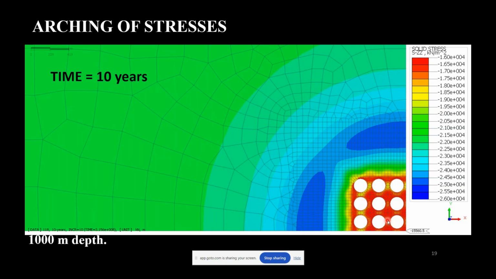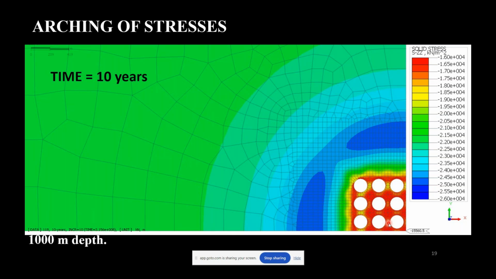So these pillars tend to reduce their height and bulge, because the creep deformation doesn't have volume change. The volume that goes down is the same that bulges. And the overburden rocks must follow this deformation.